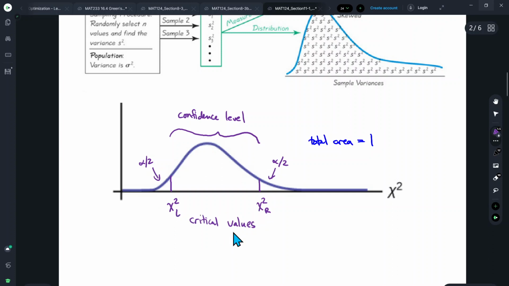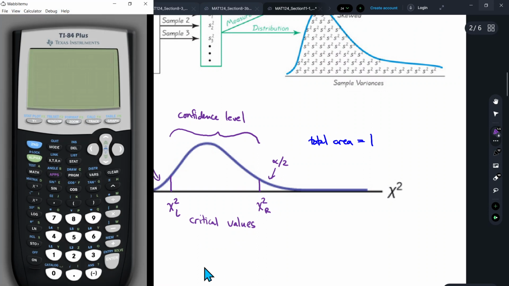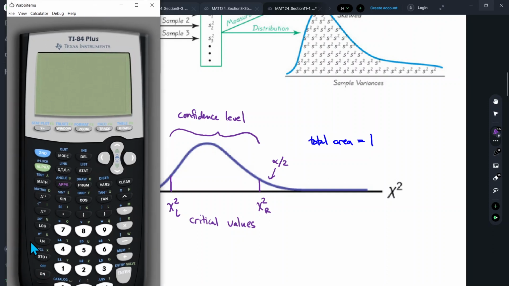The reason we go through this procedure is because the graphing calculator doesn't have a single command to calculate confidence intervals for chi-square.